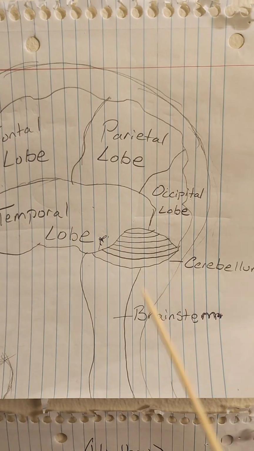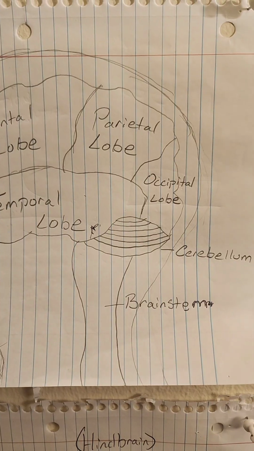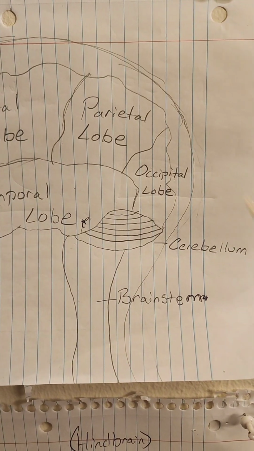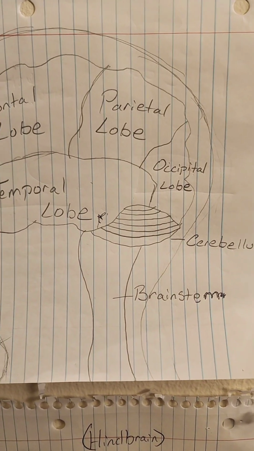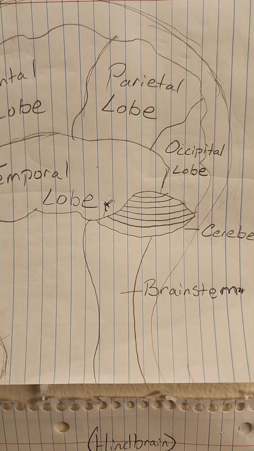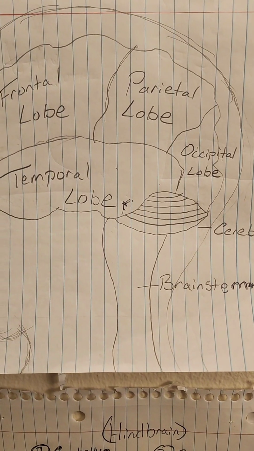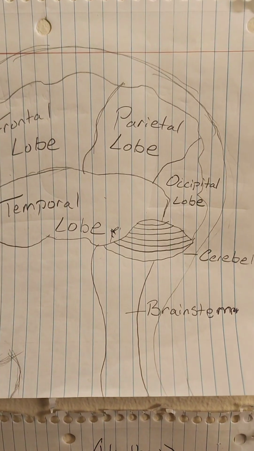It contains the anterior lobe, which is coordination and body movement, the posterior lobe, which is fine motor control and balance, and a region called the flocculonodular lobe, which is eye movement and balance.